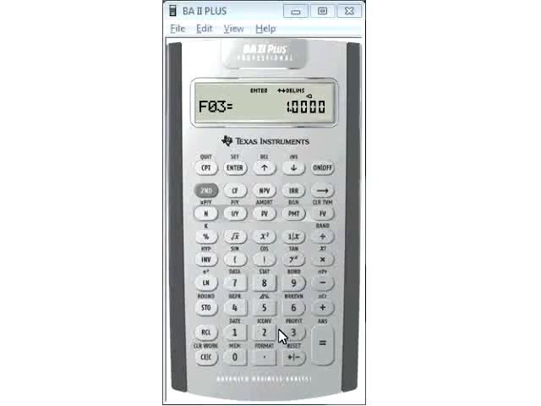Yeah, just enter 2 here. Enter, down arrow. Then you have 25,000 and 30,000. Enter, down arrow. And 30,000. We have all the cash flows in now. Enter.